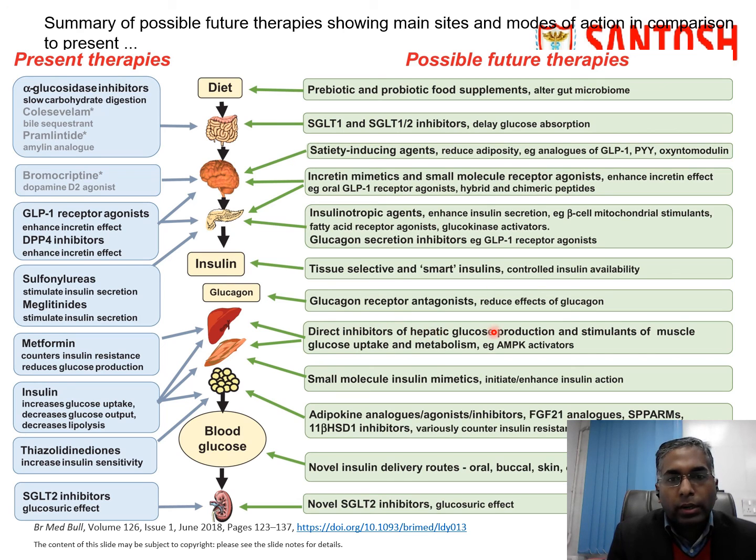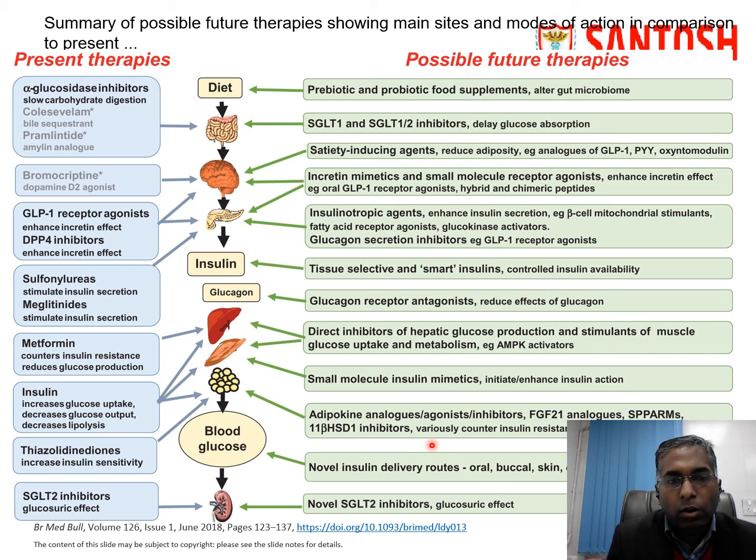Glucagon receptor antagonists reduce the effect of glucagon, which leads to lower blood glucose. Direct effect on hepatic glucose production and stimulation of muscle glucose uptake and metabolism. Some AMPK activators are being investigated. Small molecule insulin mimetics can initiate or enhance the insulin action.